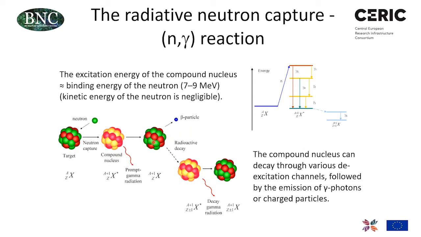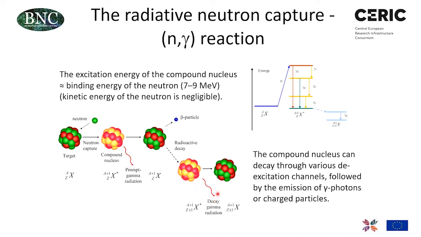And then we get this product nucleus. This product nucleus can be either stable or can be radioactive. So a further step can happen when radioactive decay happens.